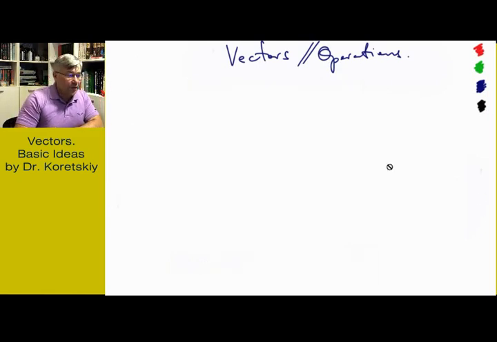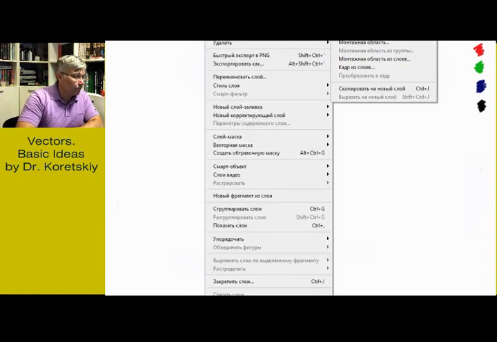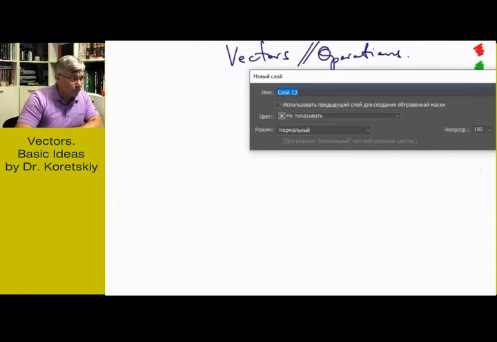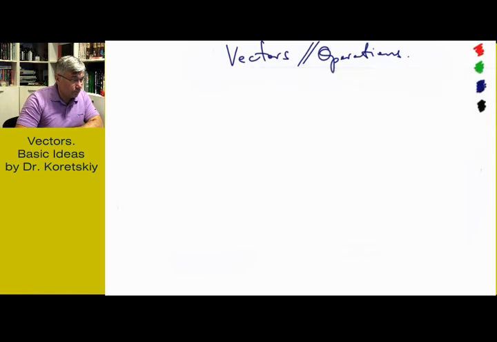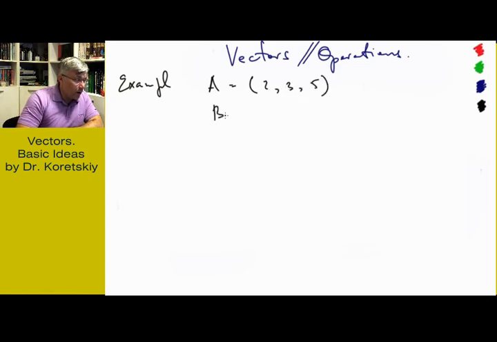So let's consider some examples here. For example, point A has coordinates 2, 3, 5, and B has coordinates minus 3, 0, for example 10.